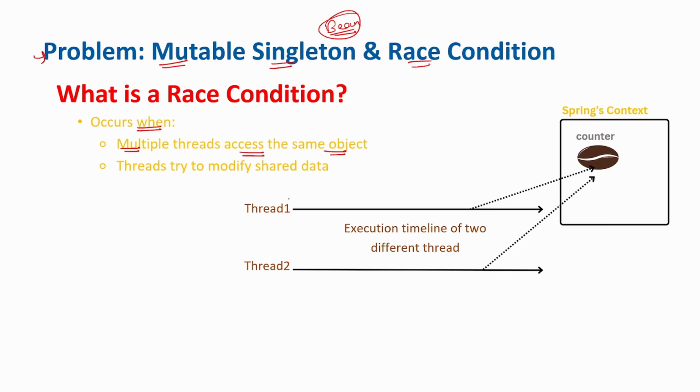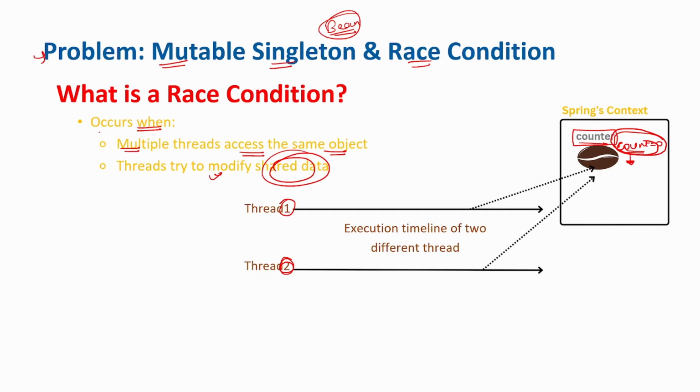For example, consider two threads, T1 and T2, that access the same object, let's say a counter, and both try to modify the shared data. Consider it has shared data, count equal to 0, and both T1 and T2 try to modify it, which leads to a race condition.